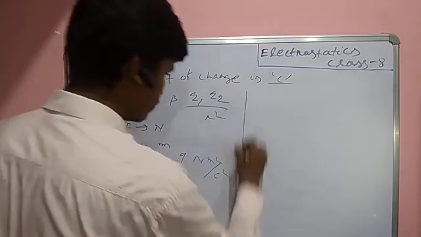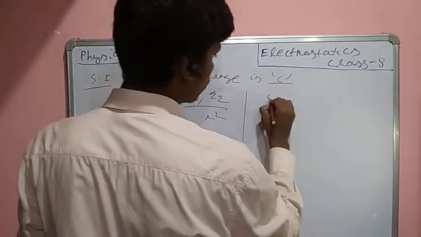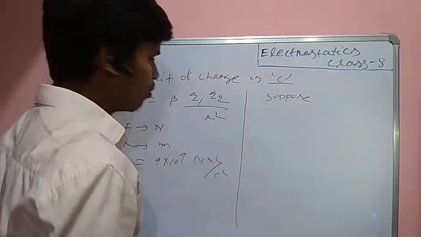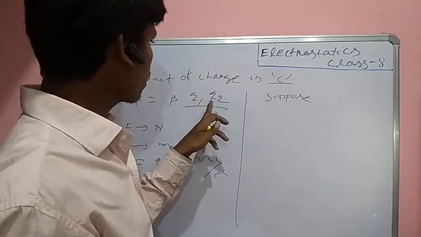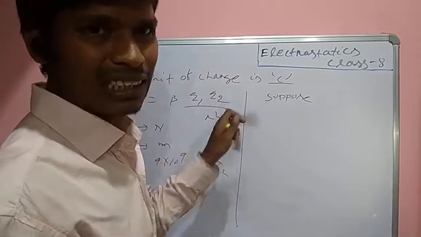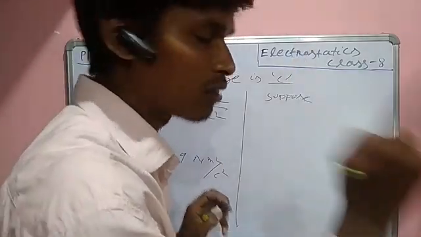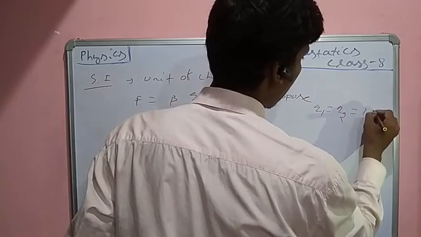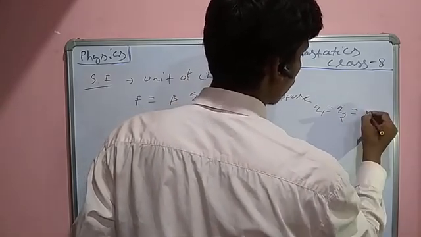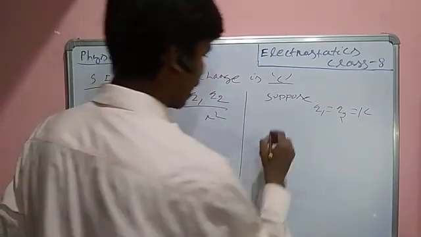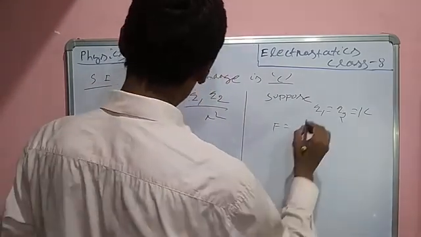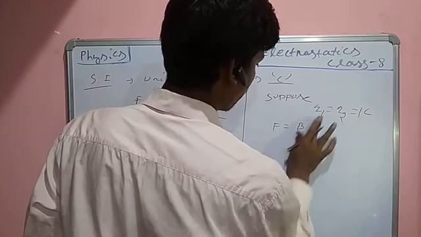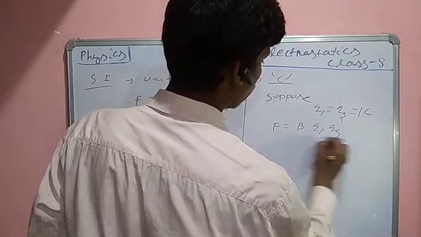Suppose the unit charge is 1 coulomb. Suppose Q1 is equal to Q2 is equal to 1 coulomb. Then F is equal to beta into Q1 Q2 by R square.